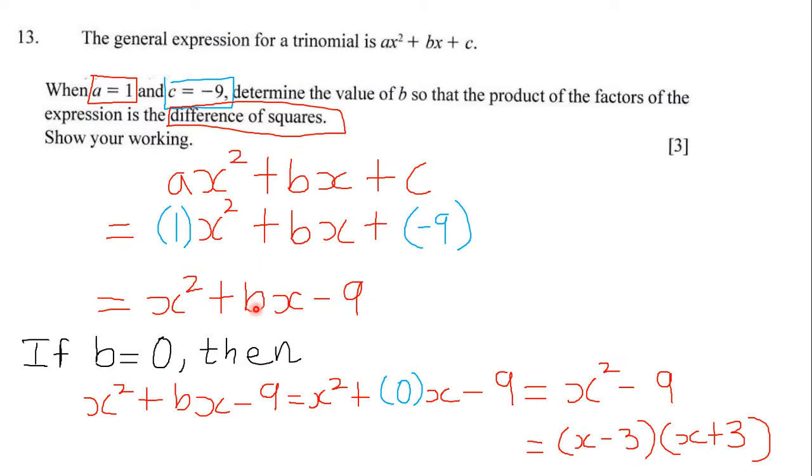The only problem was the bx, so we just need to remove that. If you multiply x by 1, it's wrong because there's still an x there. You want to remove this entire term. The only way you can do that is if this b is 0, and then 0 times x is 0. So this whole term would go, and we are left with simply x squared minus 9.